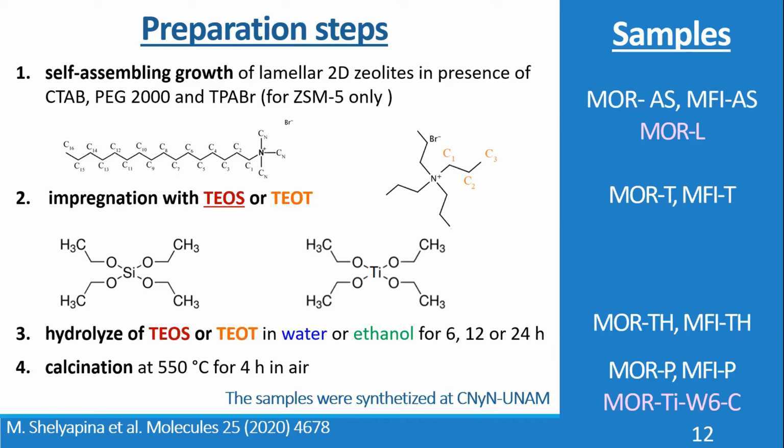Also, we add polyethylene glycol, and for one structure we use only CTAB, and for another, for the same structure of zeolites, we also use tetrapropylammonium bromide. Here is a picture of these molecules.